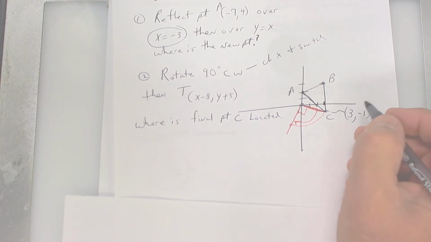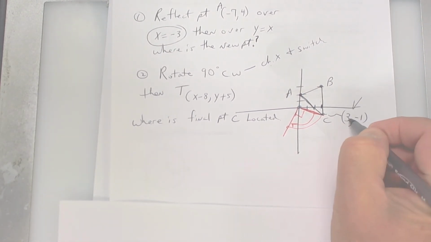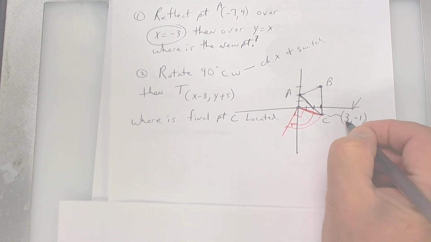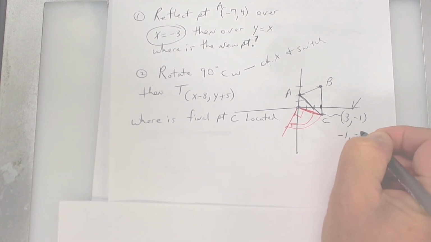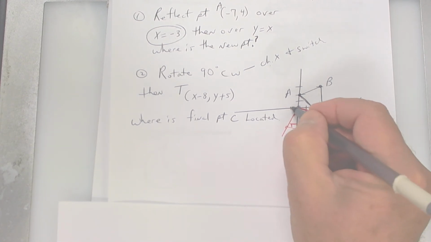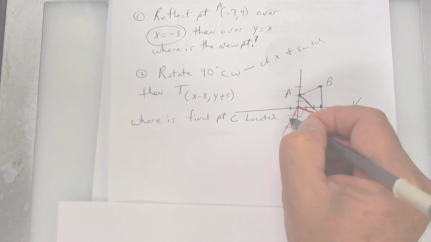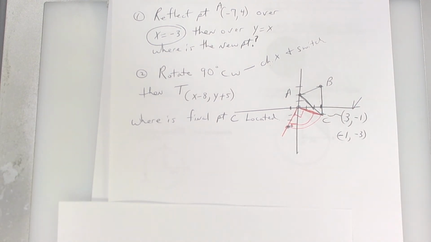Okay, so the question is, according to the rule, it's change the X. So if you change that and switch, that changes to a negative, and when you switch them, you get a -1 and a -3. Well, if you look at this point here, it looks like -1 and then down 3. Okay, so that point is right there, and I did it without the formula, so I got close.